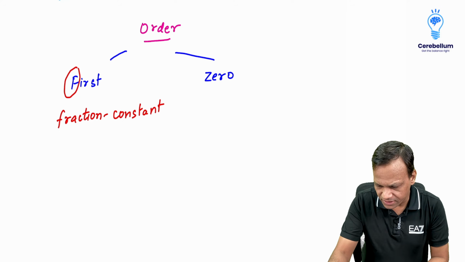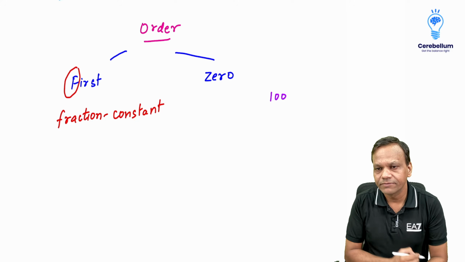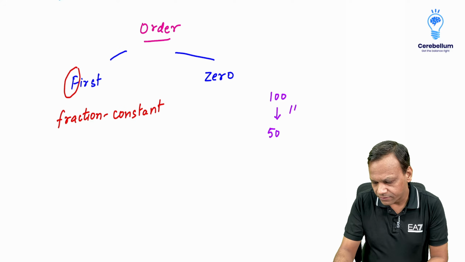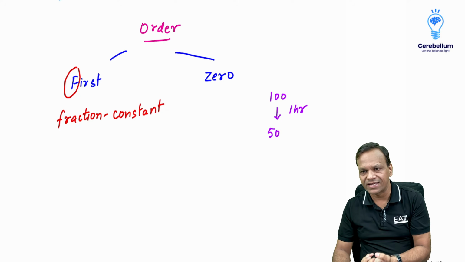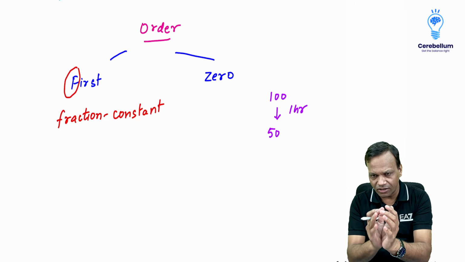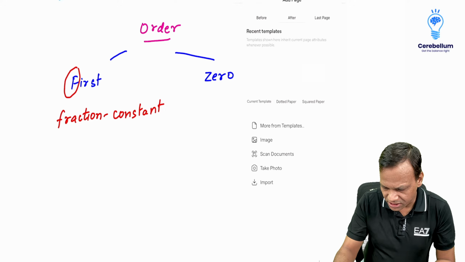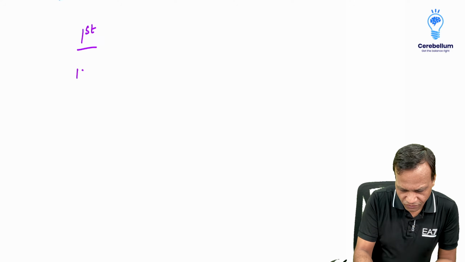Suppose the initial plasma level is 100 and it becomes 50 in 1 hour. That means in 1 hour 50% is eliminated, so every hour 50% of the remaining drug will be eliminated. Like I can show on the next page. If it is first order kinetics, the same percentage is eliminated.